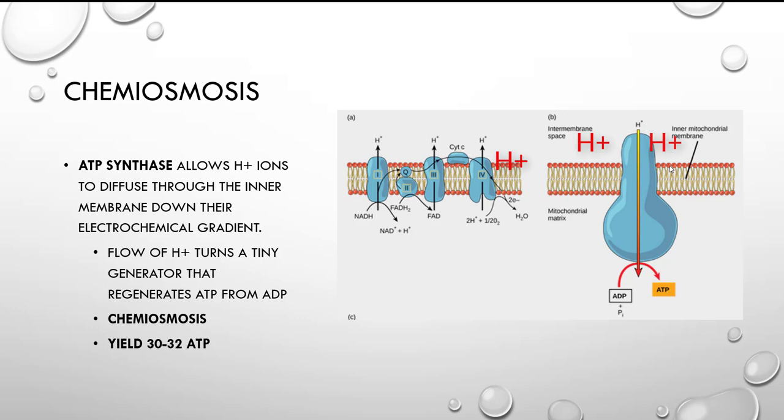When this enzyme starts functioning, it's going to open up, and all of these hydrogens are going to flow down their electrochemical gradient through the ATP synthase enzyme, and a little propeller is going to form in here, and the flow is going to turn these little generators that generate ATP from a bunch of ADPs.